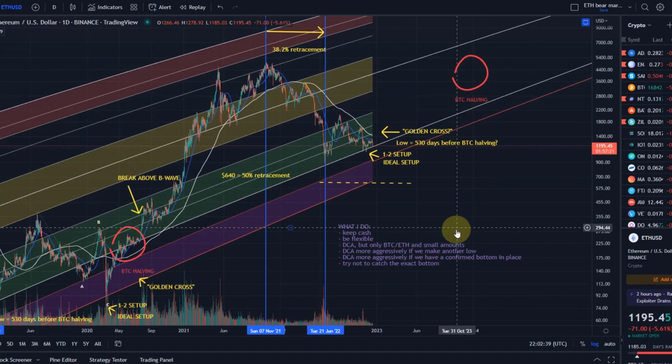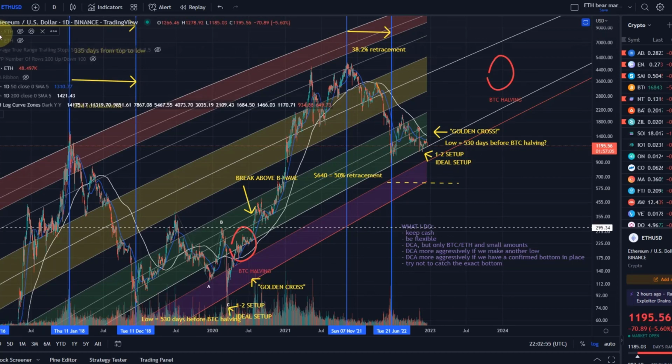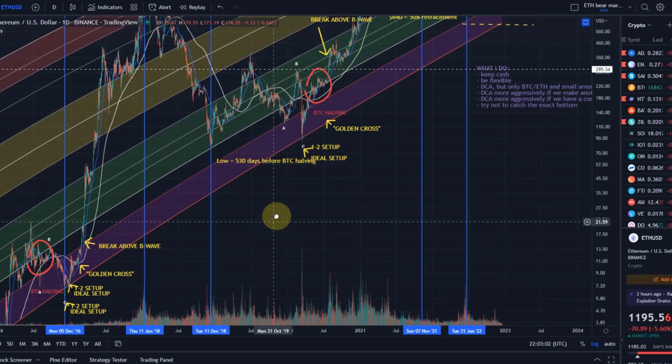I'll put this chart together, but I'm not going to explain all of this and what it means. But the thing is, in this current decline, this is obviously the November high, and we came down, and what you see here is a logarithmic chart and certain logarithmic bands. This indicator is the log curve zone indicator, and in any bear market we've dropped into the purple zone.